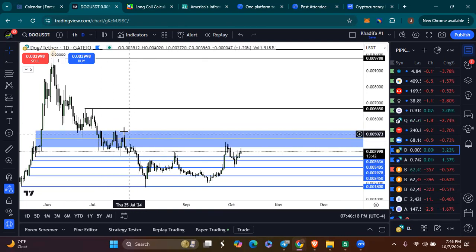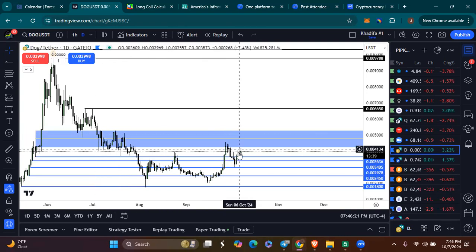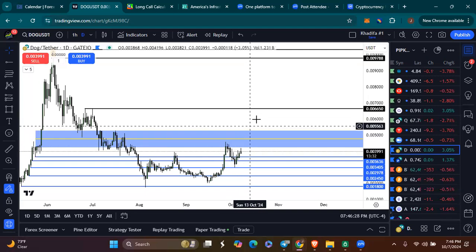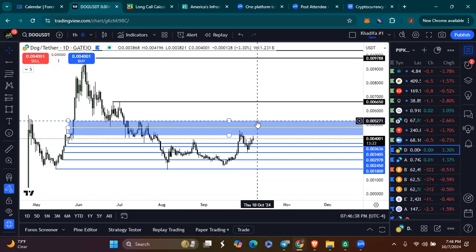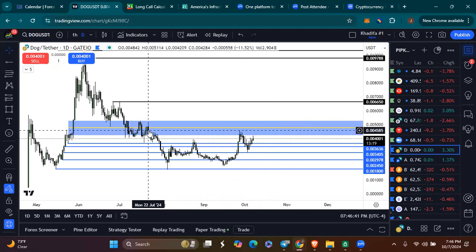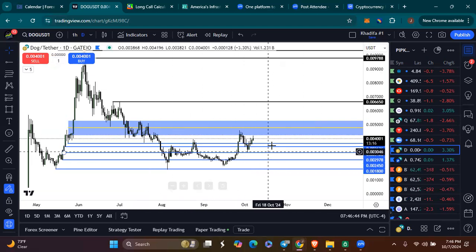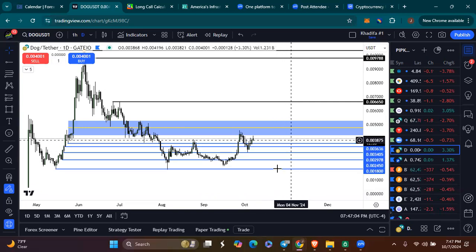Once we establish a solid close of price above this area of accumulation, then I don't think we will ever see prices below these lower levels that I have marked, as far as .0036 to .0018. I don't think we'll ever see price within this range again.